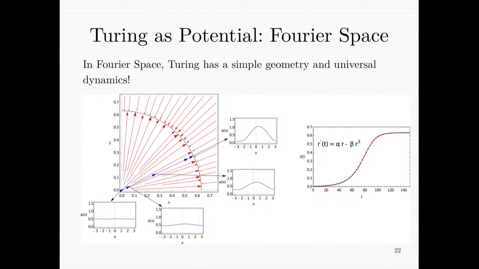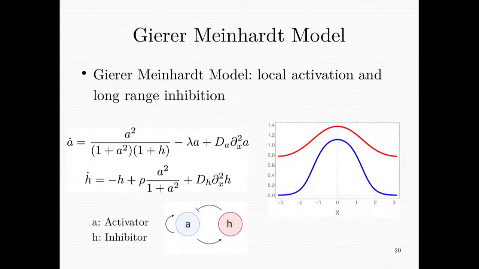So you can take your Turing system, project it onto Fourier space, look at what the dynamics looks like, and fit that dynamics very well to a simple equation like this, where I just have these two parameters alpha and beta, which are now universal. They don't at all depend on the kinds of equations that I start with.